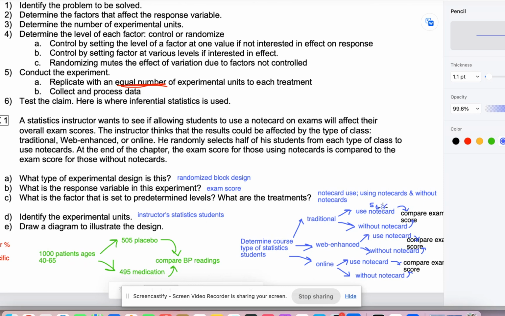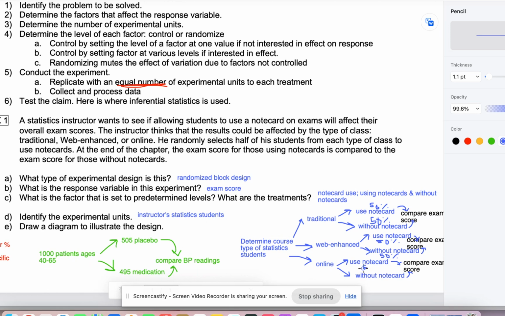I knew I was short on space, so I figured it would be better to write it on top. So 50% of the traditional use a note card, 50% of the traditional without a note card, and then the same for each individual block. So including the numbers, in this case, would be percentages, or you could write out half of students, right?